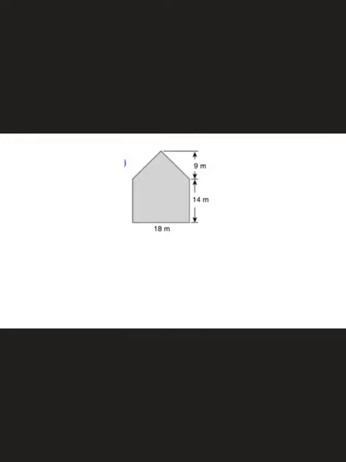Okay, now let's take a look at this shape. What 2 figures can we cut this shape into? Well, I can see this little house shape. I can cut it into a triangle on top and a rectangle on the bottom. So if I want to find the area of the triangle, what's the formula again? We know it's base times height divided by 2. So now I just need to figure out, well, what is the length of the base? What is the height of the triangle?